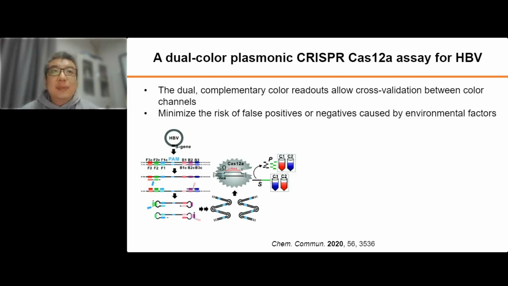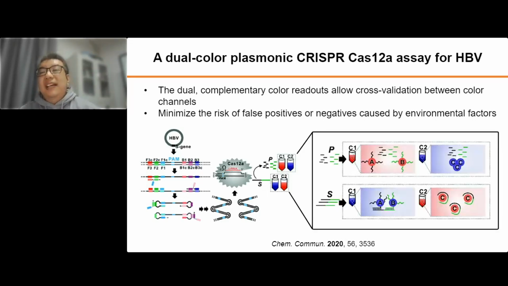So again, the typical workflow involves the amplification. Here we use LAMP amplification, and then we design a crRNA for the specific gene of HBV. And once it is combined with CRISPR, it will cleave the substrate and then trigger the color change. In this particular case, we have two types of color systems.